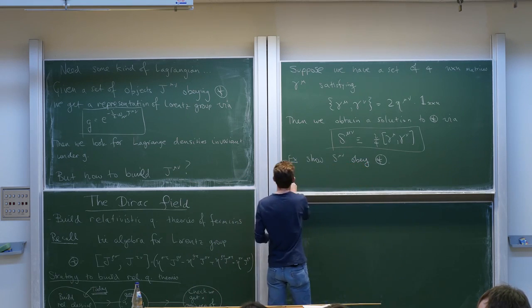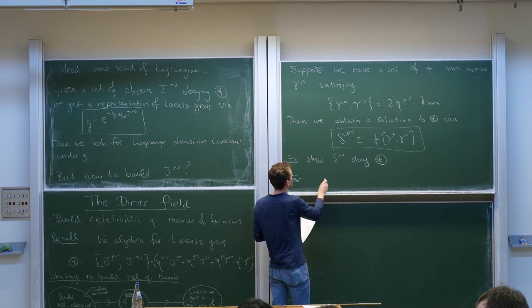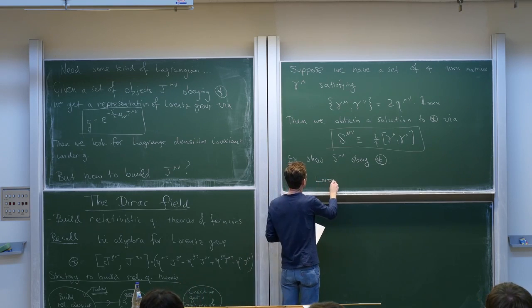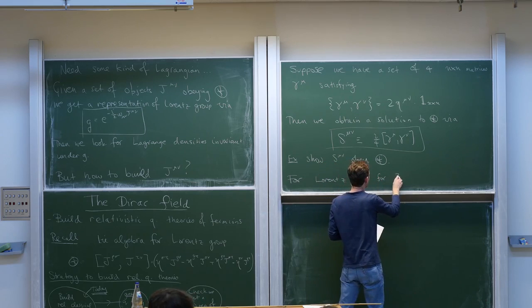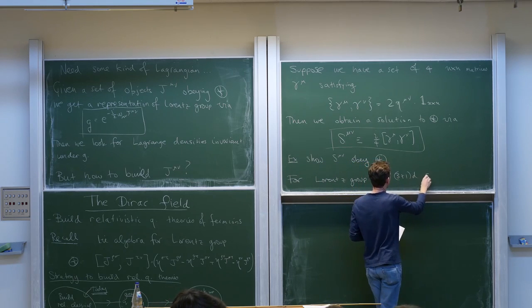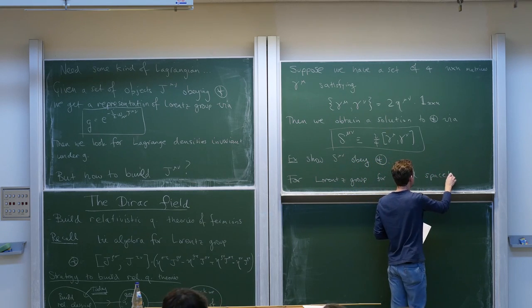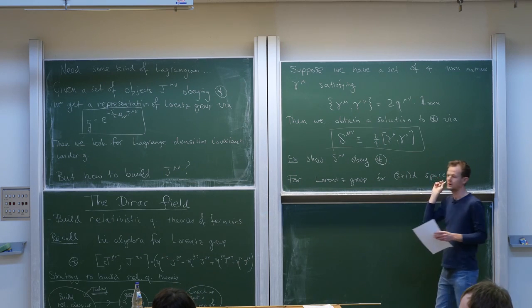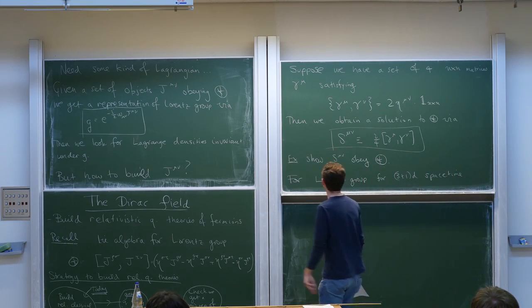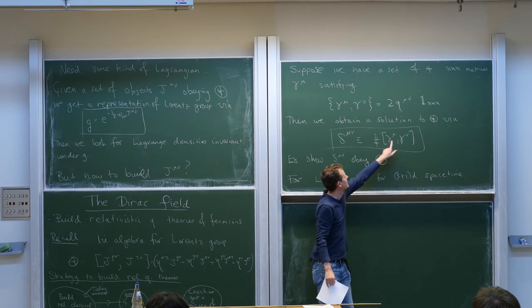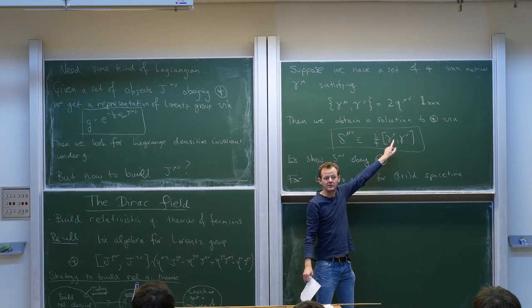Now, for the Lorentz group for 3 plus 1 dimensional spacetime, I mean, there's a Lorentz group for 1 dimensional, for 2 dimensional, for n dimensional spacetime, these gamma matrices have to be bigger than a certain size.